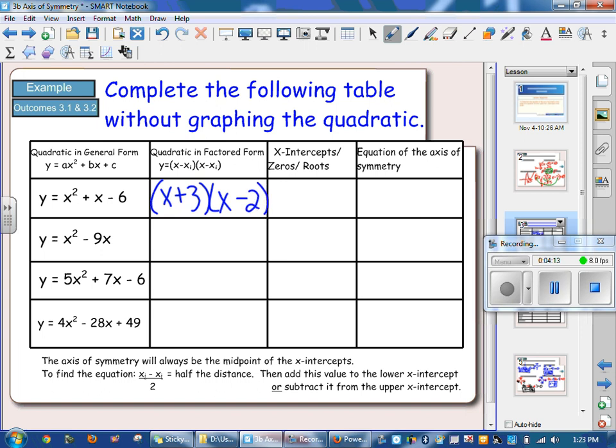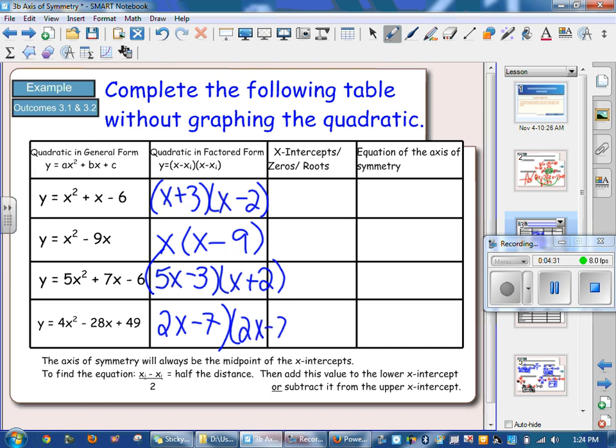Over here we had x and x minus 9. Over here I had a 5x minus 3 and an x plus 2. And over here I had a 2x minus 7 and a 2x minus 7. That's what we found out from the other page.